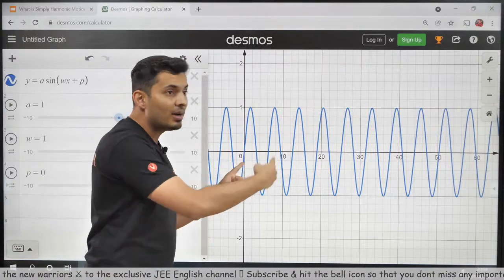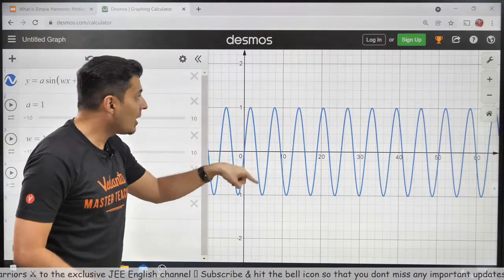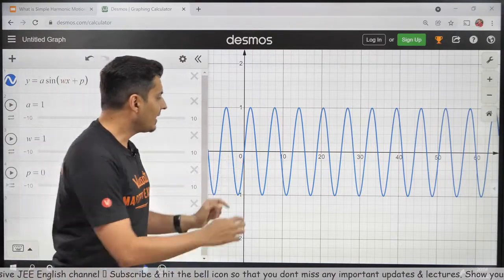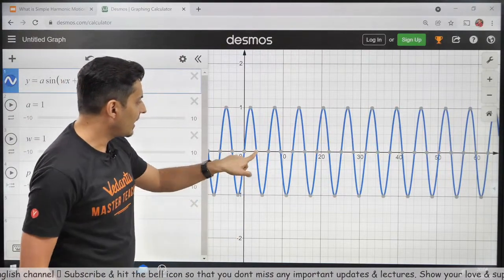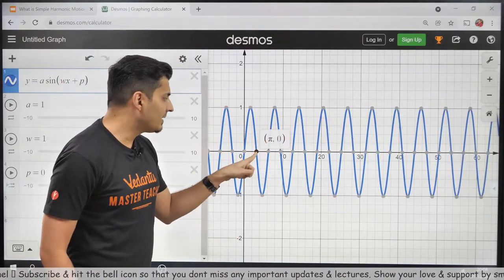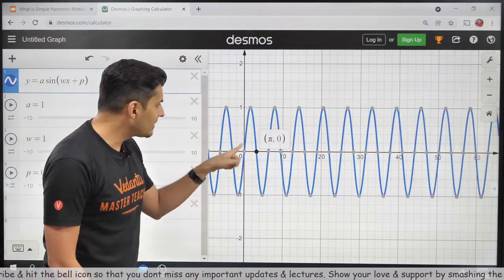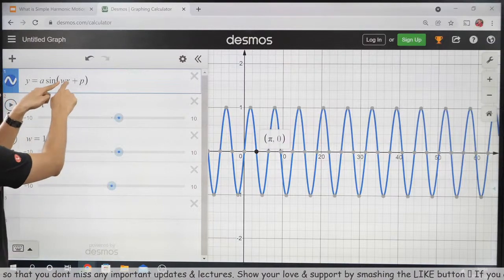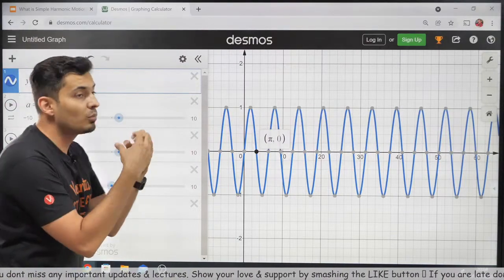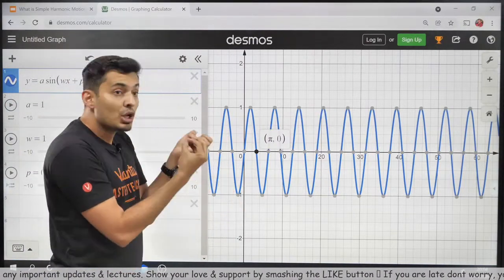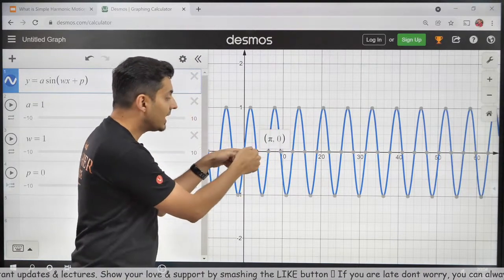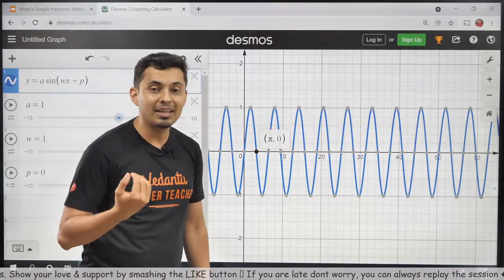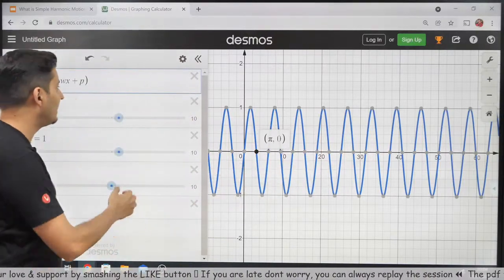For example, when x was pi radians, the value of sine was 0. But the moment you multiply x with some value more than 1, you will reach that same point earlier. So you will see the graph will condense.